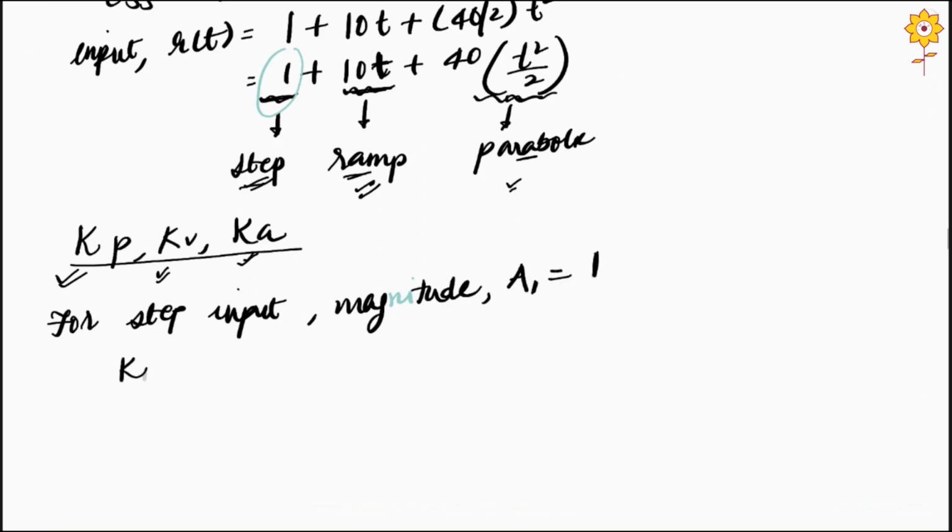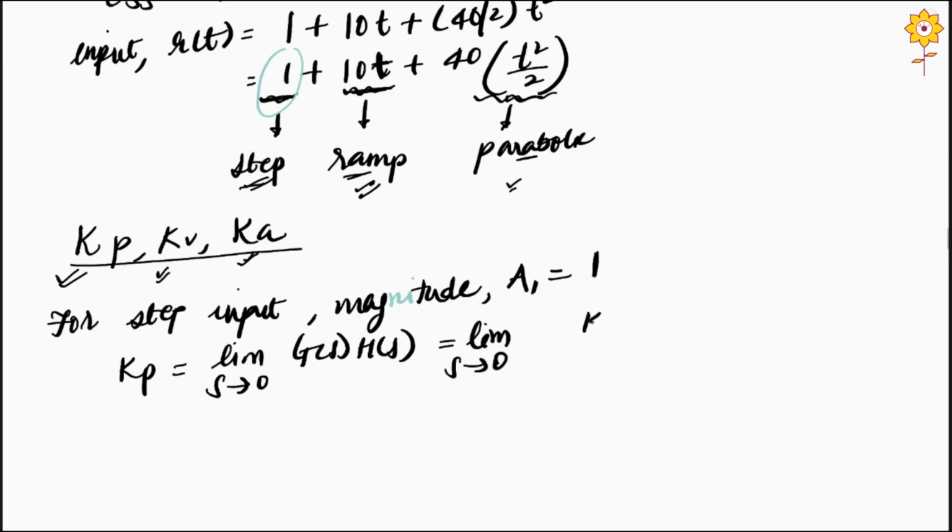So, what is the formula for Kp? We know it, so we will write down the formula. G of s, H of s, the transfer function is known to us, it is given in the question. So, we will substitute the value over here.